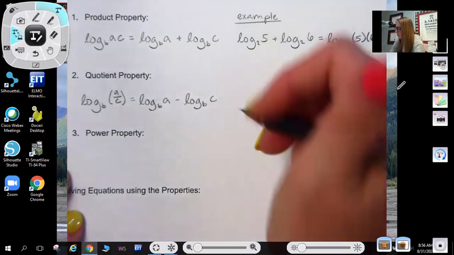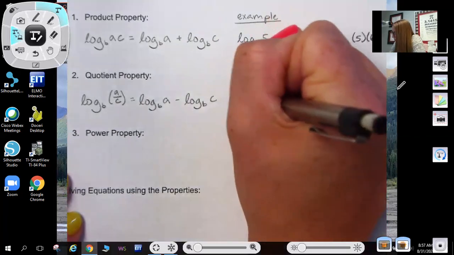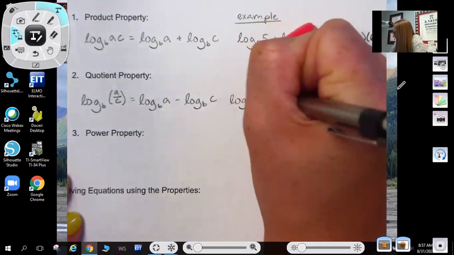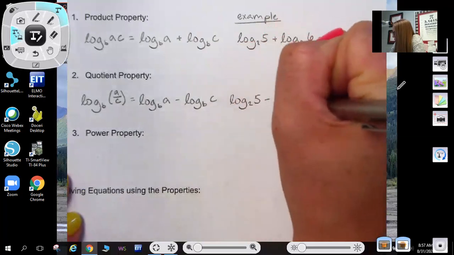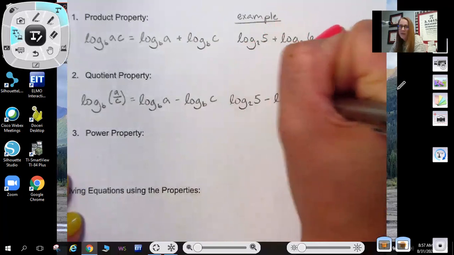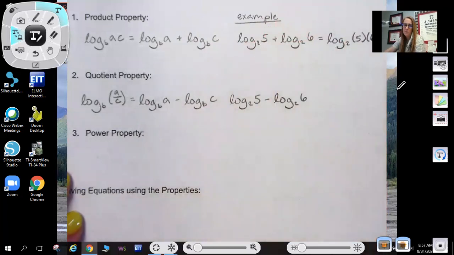So for example, if we have log base 2 of 5 minus log base 2 of 6, which I just made these numbers up just as an example, by the way.